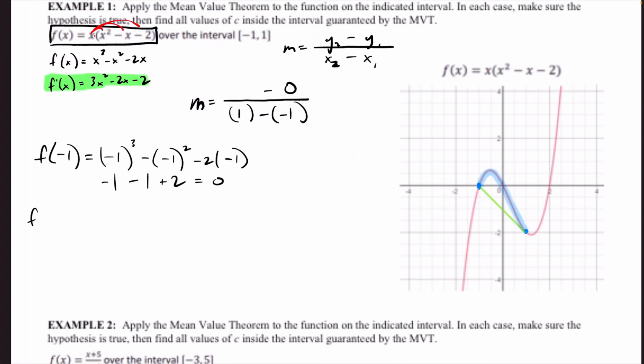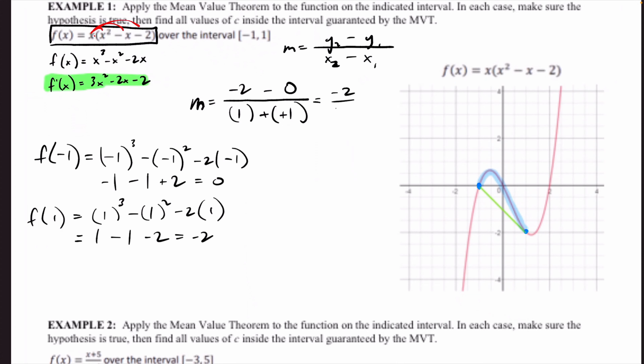And then we do the same thing when we plug in +1. 1 cubed minus 1 squared minus 2 times 1. So we get 1 minus 1 minus 2. Yeah, negative 2. So the average rate of change is negative 2 over positive 2, which is negative 1. That's my other answer, or my other part.